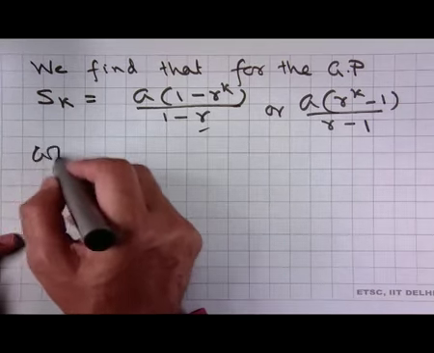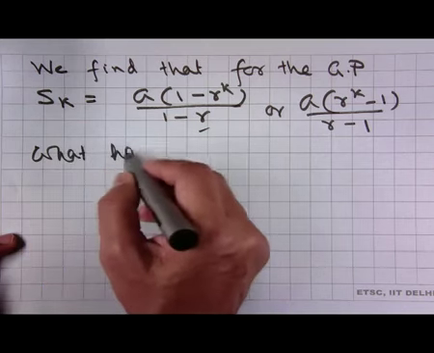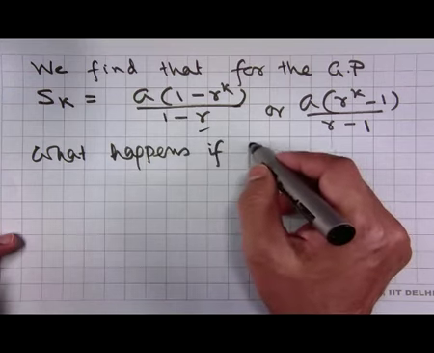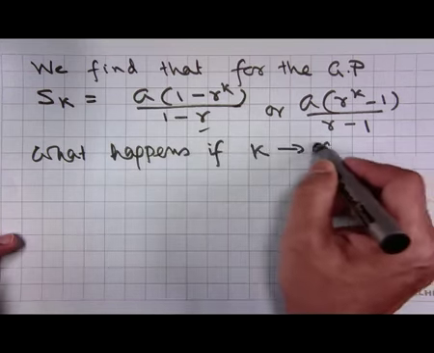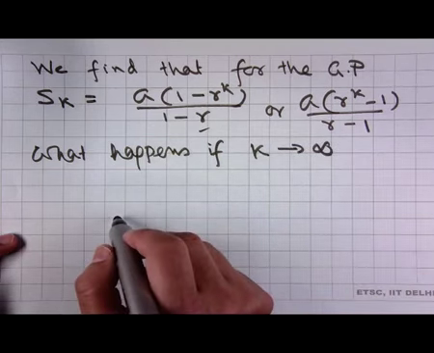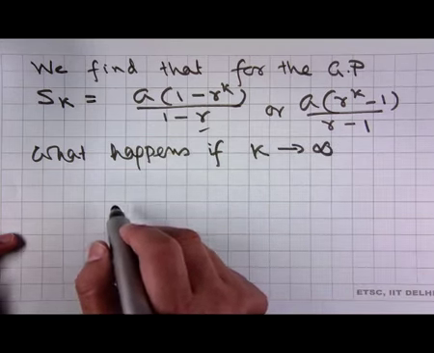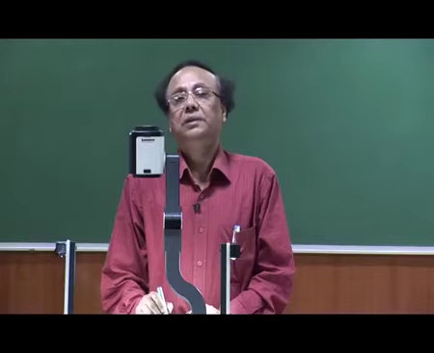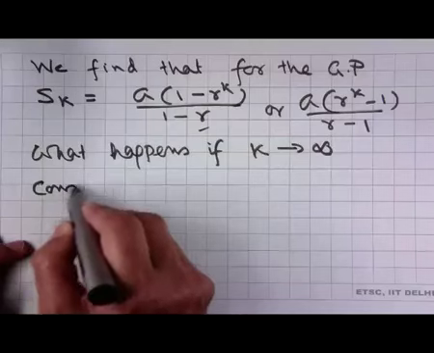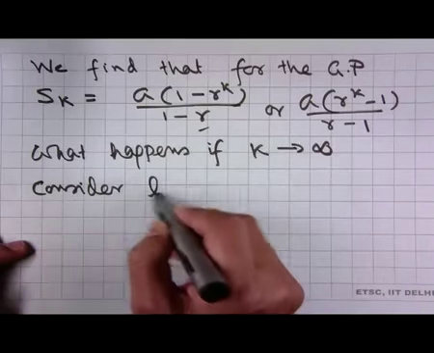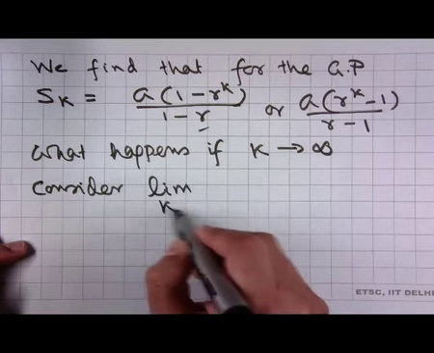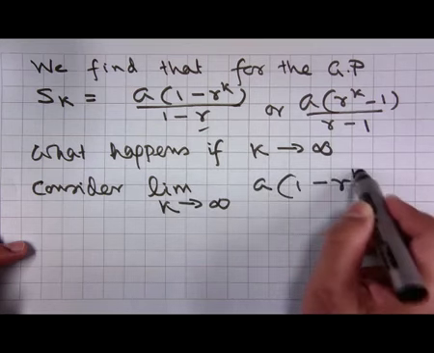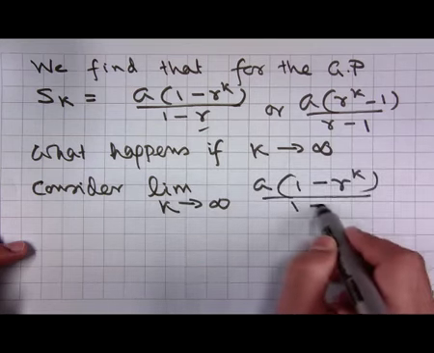What happens if k goes to infinity? That means we are looking at the geometric progression when the number of terms is infinite. Consider limit k goes to infinity a into 1 minus r to the power k upon 1 minus r.